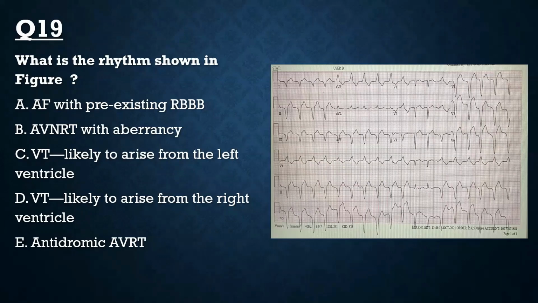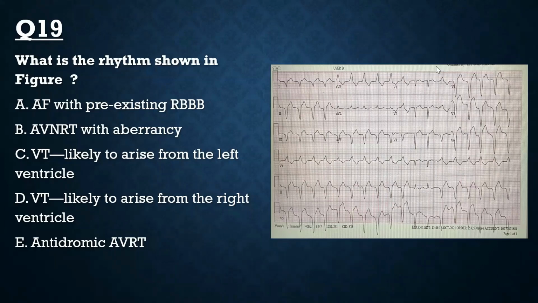This one is a fusion beat. If you look at this beat, it is different from VT and from normal. It is mixed, so this is fusion. So this very beautiful ECG captures the fusion and the capture beats at the same time. So this is fusion and these are capture beats, with AV dissociation.